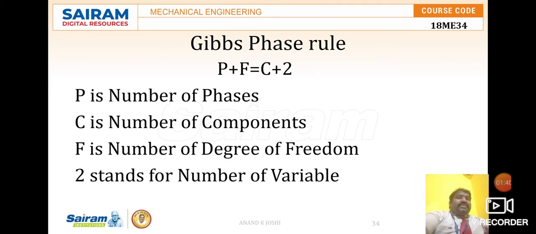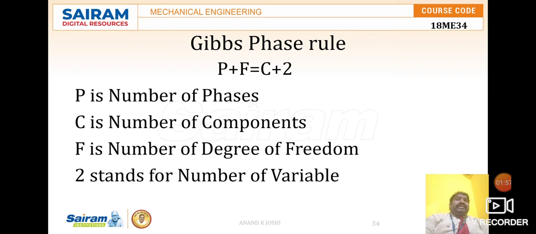This Gibbs phase rule also has an equation for a binary, that is, two-component phase diagram, wherein the pressure is assumed to be constant at 1 atmosphere.